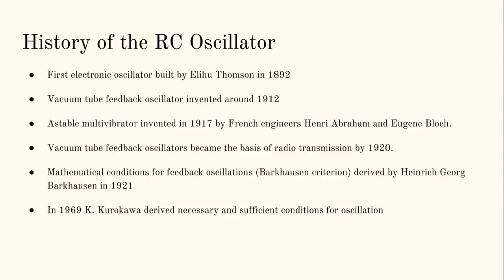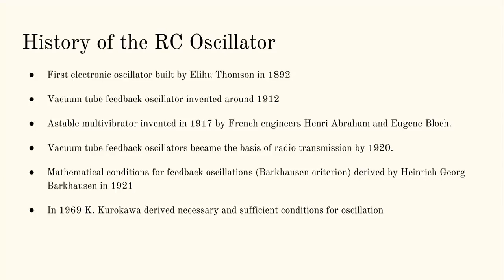A couple of years later, the first and most widely used relaxation oscillator circuit, the astable multivibrator, was invented in 1917. Only 3 years later, the vacuum tube feedback oscillators became the basis of radio transmissions by 1920, and the mathematical conditions for feedback oscillations were derived in 1921.